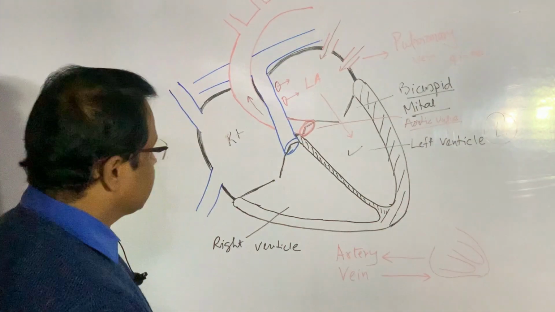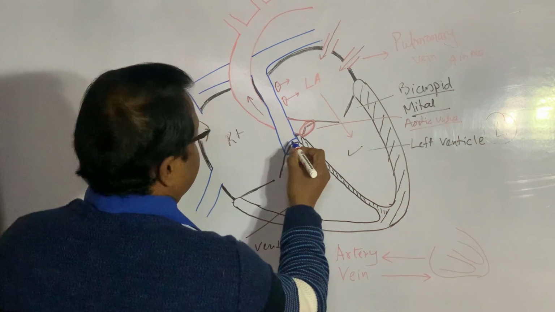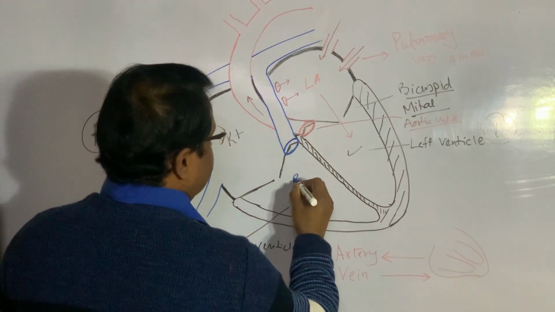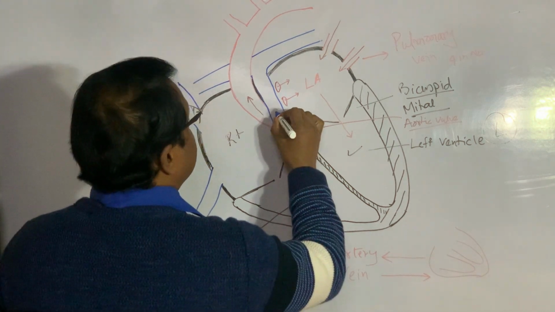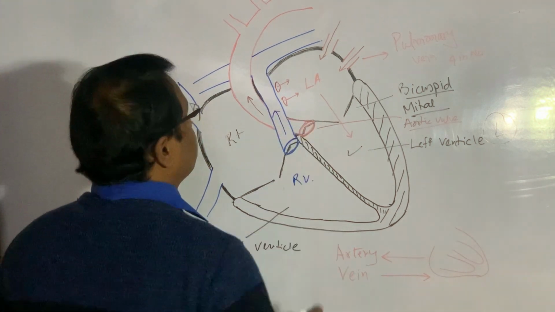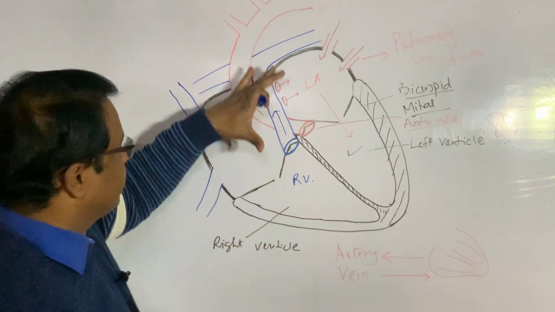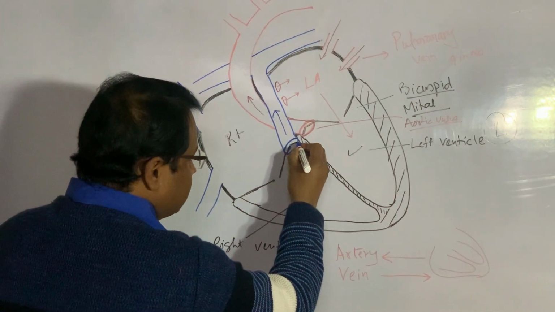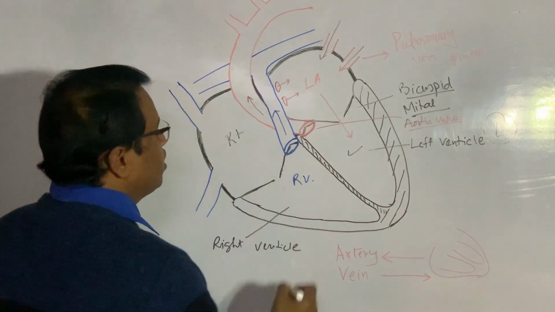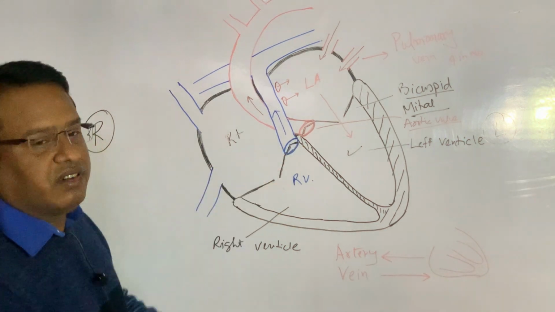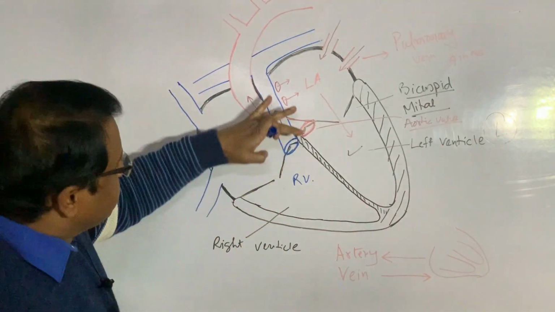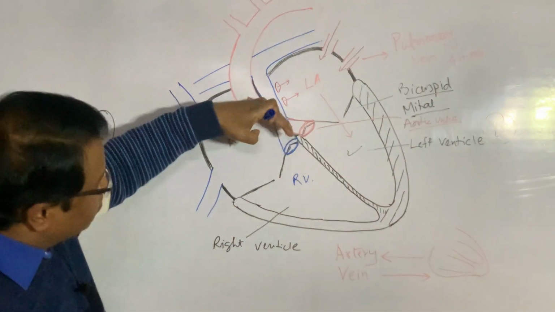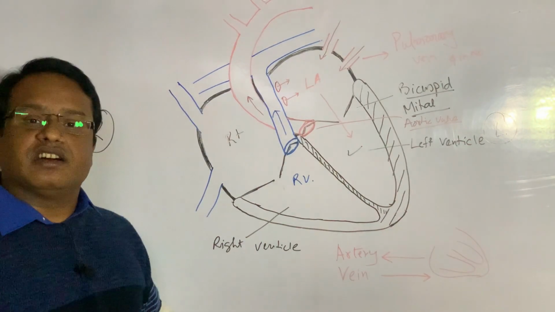And there is another major vessel that opens from the right ventricle, the pulmonary artery. It's a great vessel, and here is a semilunar valve called the pulmonary arterial valve. These 2 valves are semilunar valves, and these 2 valves also have 3 cusps.